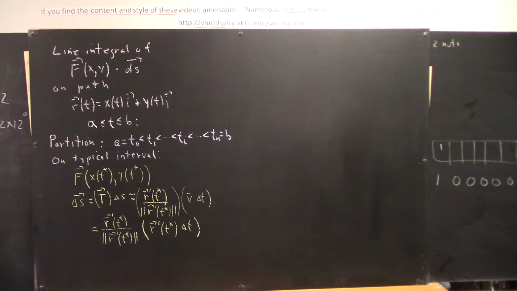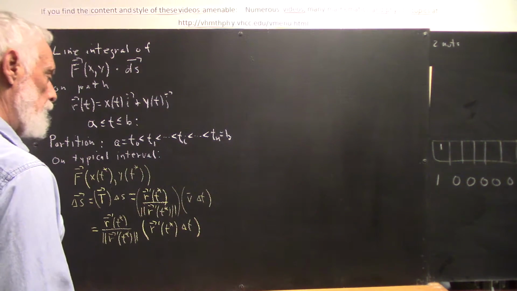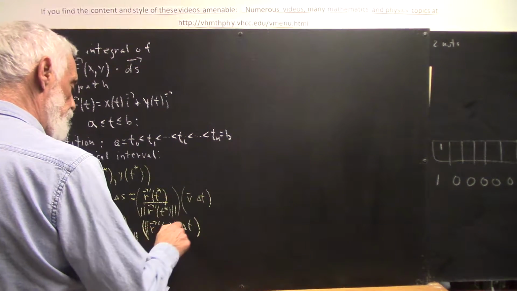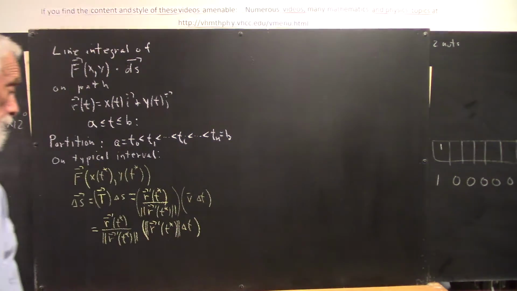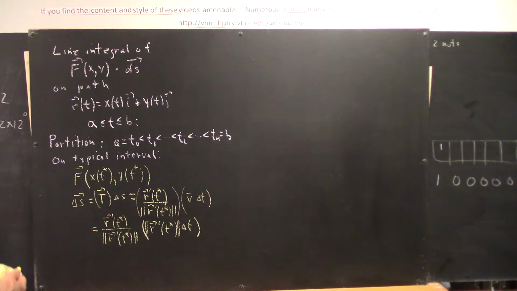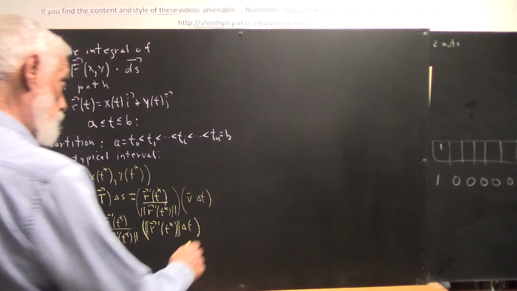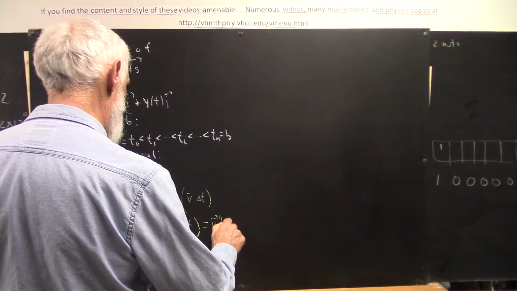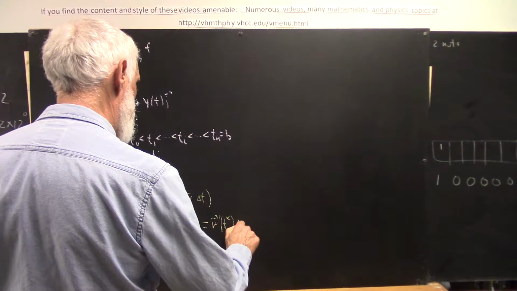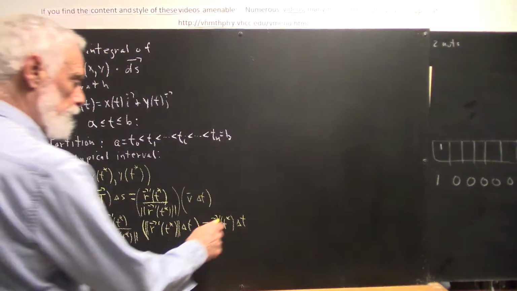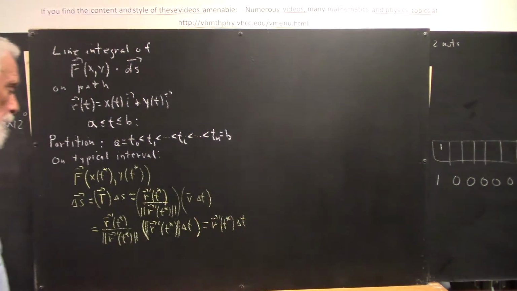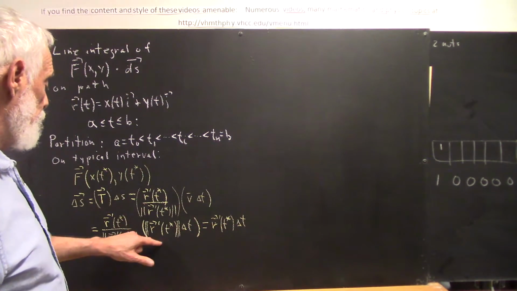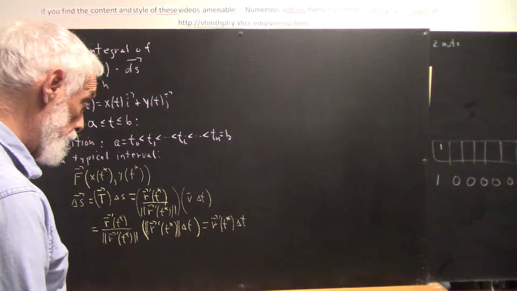and it's not r prime of t star, it's actually the magnitude of r prime of t star multiplied by delta t. Okay? And of course that then just equals r prime of t star times delta t. Now we could just skip delta s equals this. We could skip the parts with the absolute value signs and all that.